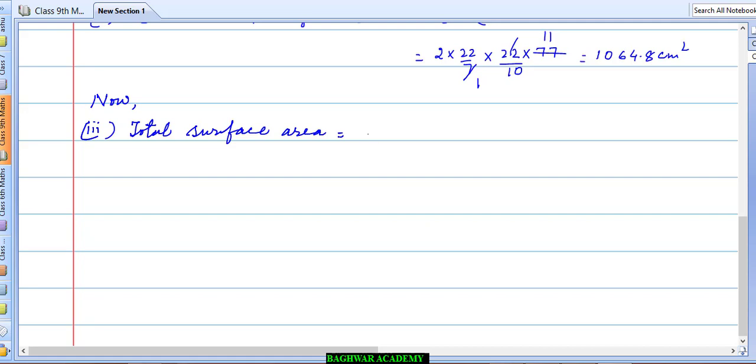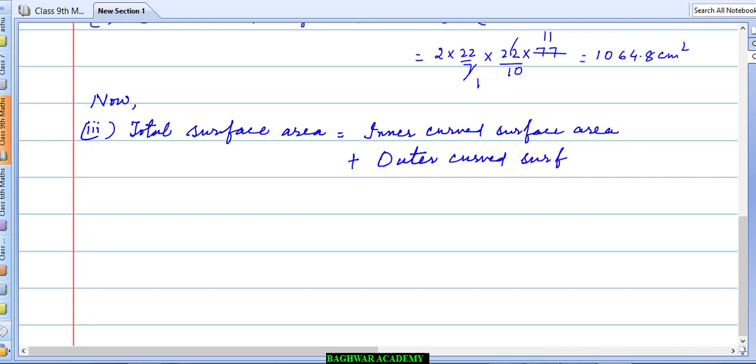So total surface area we can write as inner curved surface area plus outer curved surface area and surface area of both the ends.